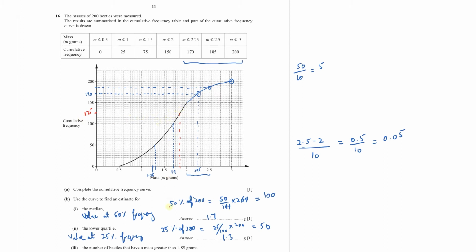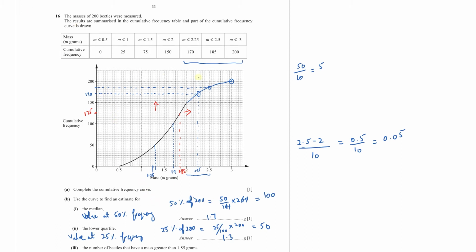That means there are 125 beetles that weigh less than 1.85 grams. So the remaining, which are above this value, have a mass that is greater than 1.85, because the curve is towards the right side of this 1.85. So let me mark it here. So this is 1.85.